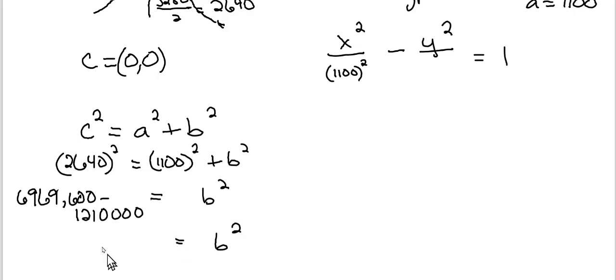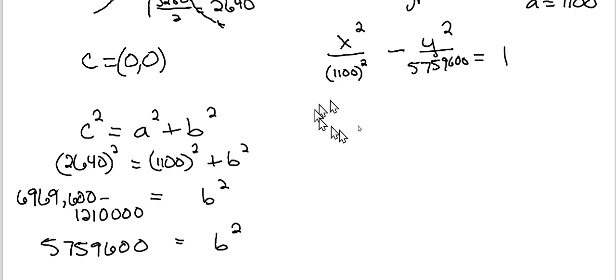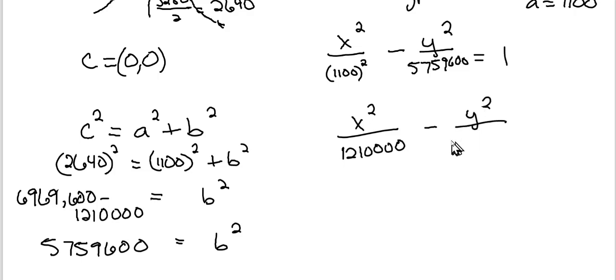When you do that subtraction, you get b squared is 5,759,600. That's what's going to go here, b squared. Let's just clean this up a little bit.